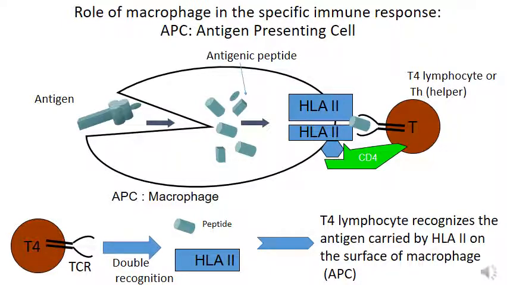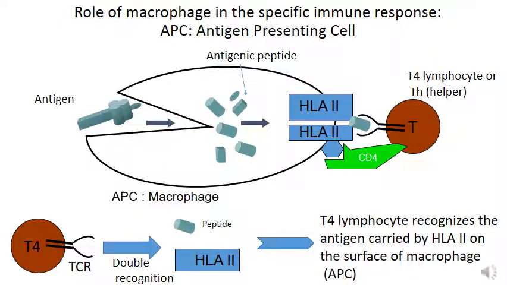The macrophage is going to be an antigen presenting cell, or APC. What does this mean? If the macrophage is unable to eliminate the antigen by itself, it is going to synthesize peptides, and then these antigenic peptides will be displayed on the surface of the macrophage.